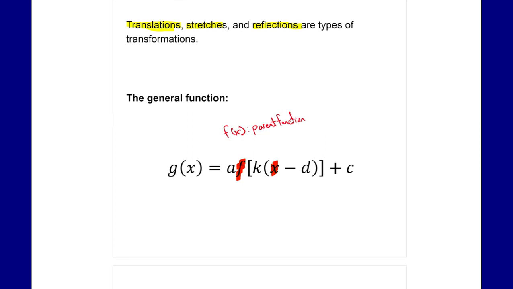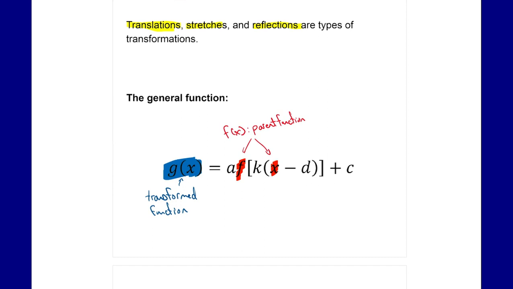The a, k, d, and c are all parts that we're changing or transforming. g of x represents the transformed function.